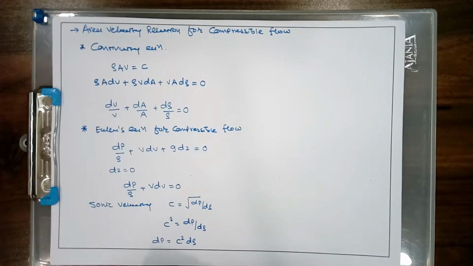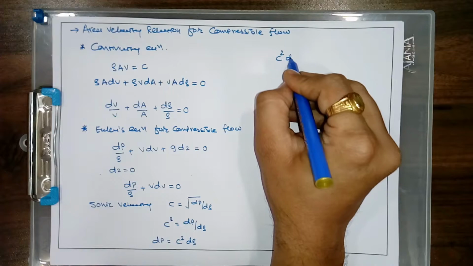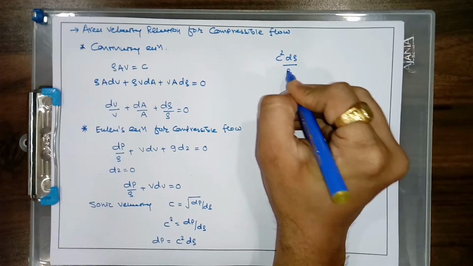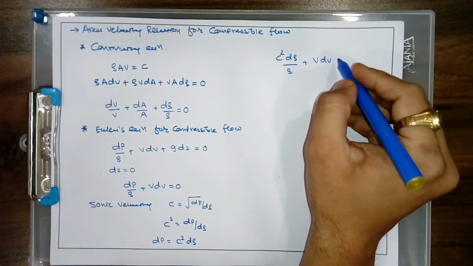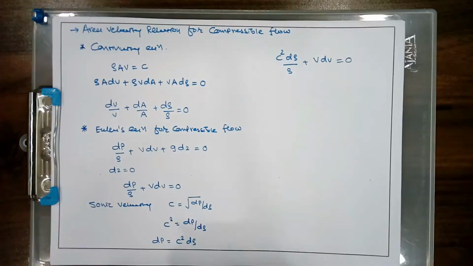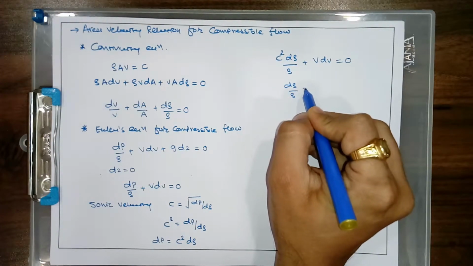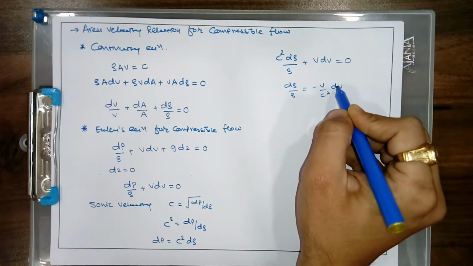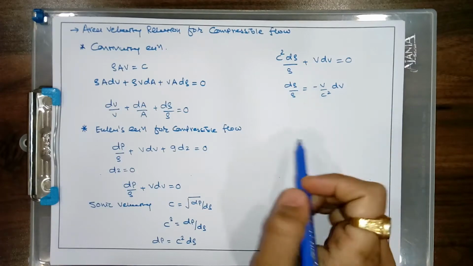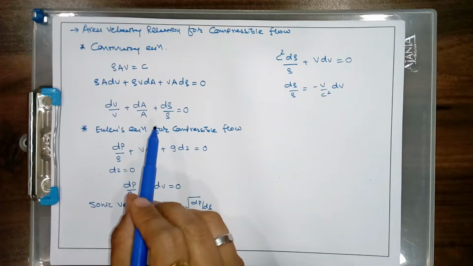Now we put this value of dp into Euler's equation, so it becomes c square d rho divided by rho plus V dV equals 0. Now we make d rho by rho the subject, which equals minus V by c square dV, and we put this value of d rho by rho into the continuity equation.